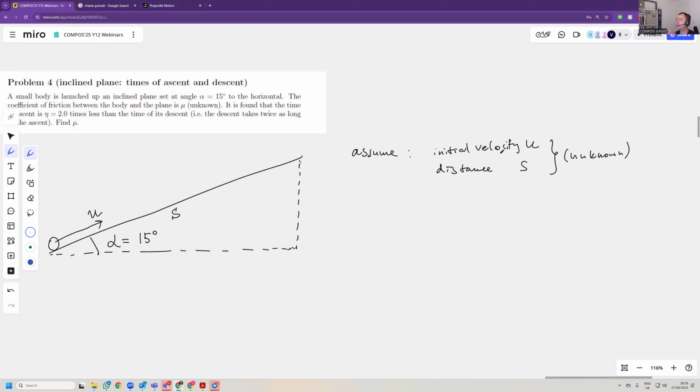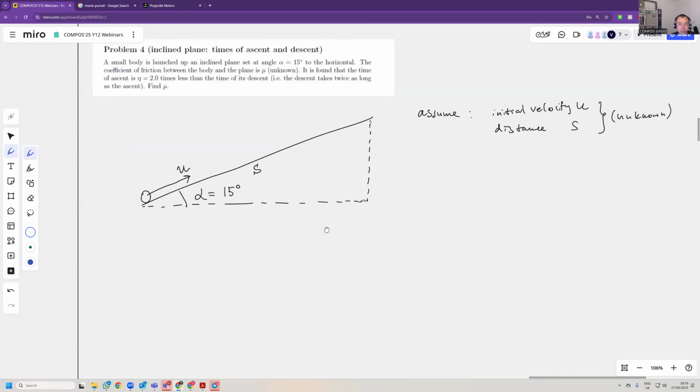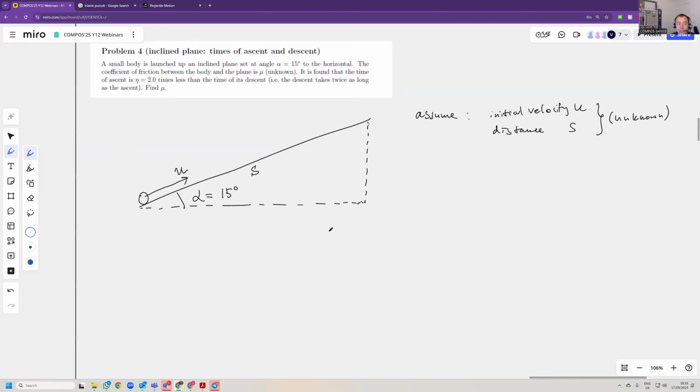Our answer cannot be in terms of u and s. Basically, our answer can only be based on the angle, and we will see that these two values will not play a role. So the answer is independent of the distance, and the answer is independent of the initial speed. Okay.